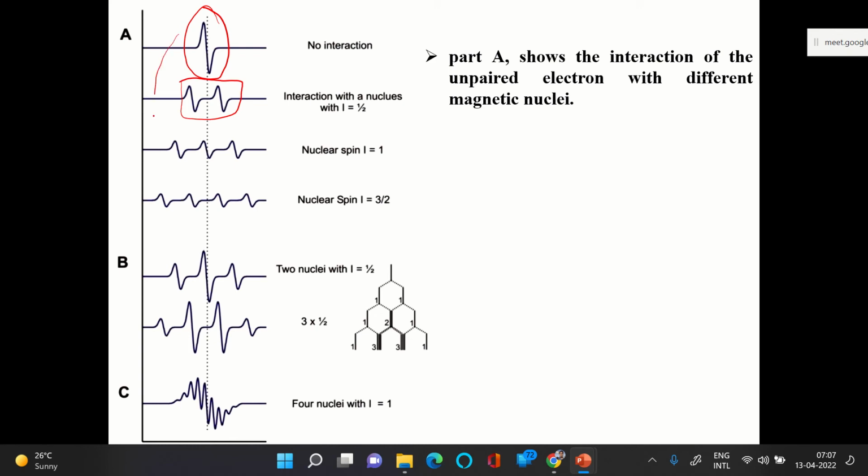So if divided into three, look at how the intensity decreases. If this signal is divided into four, the intensity will further drop for each of these. So this is a care you have to take while drawing these pictures. In the stick model, the way you represent it by three lines, four lines, accordingly that's the intensity, and this is another point that you have to take into account.